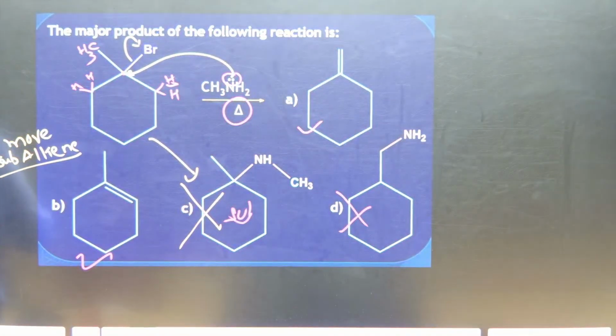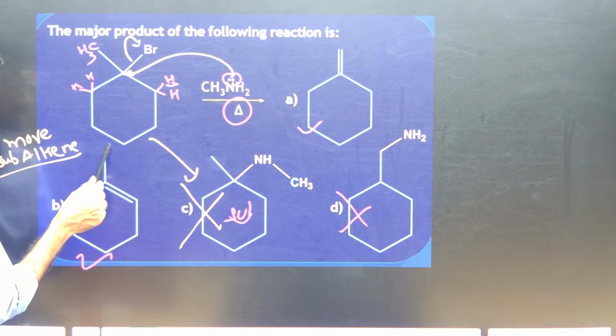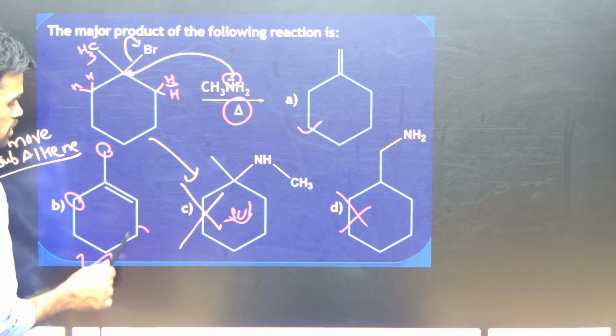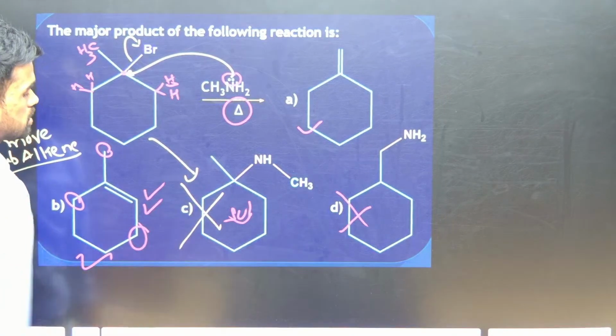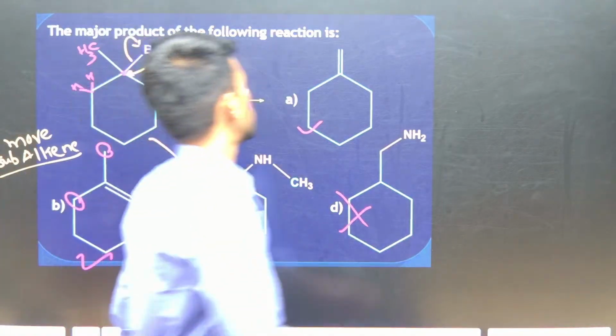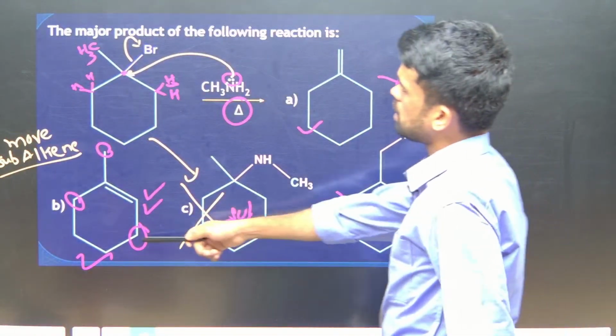Okay, this is incorrect, and this is also incorrect. So we have option B and A. Which is major? Tell me now. Which is more substituted alkene? B. Yeah. So it has more number of alpha hydrogens, right? So that's why B will be formed as a major. Okay, is this clear? So this is a Hofmann product. Here it is Saytzeff product. That's it.